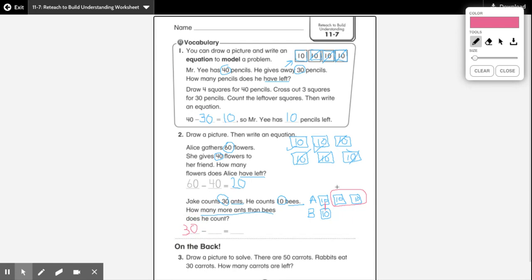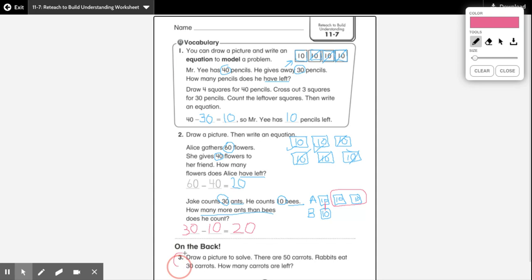Okay, and now it says he counts 10 bees. So we took 10 bees and used those 10 bees to partner them up. And how many more ants than bees does he count? We said 2 tens, 20 more ants than bees. 10, 20. So there were 20 more ants than there were bees that he counted.